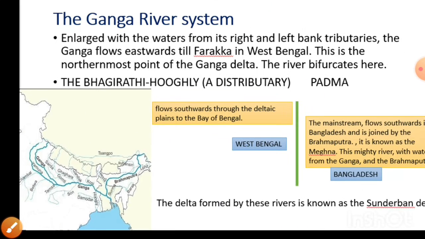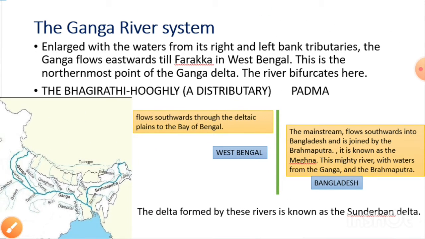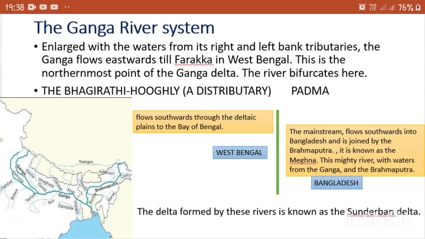Now in West Bengal, the Bhagirathi Hooghly flows southward through the deltaic plain to the Bay of Bengal. The Padma river, the main stream, flows southward into Bangladesh and is joined by the Brahmaputra. It is then known as Meghna, the mighty river with waters from Ganga and Brahmaputra.